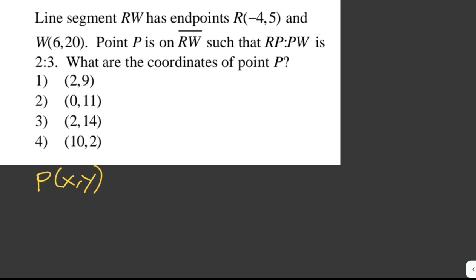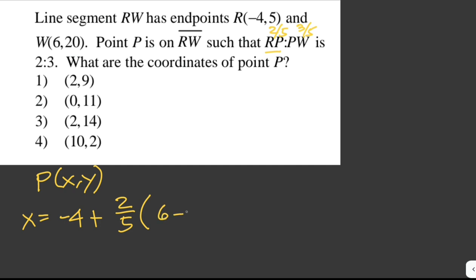Okay, so that means segment RP is just 2/5 of RW and PW is 3/5 of RW. So x is just -4 plus 2/5 times the difference between the x coordinates.